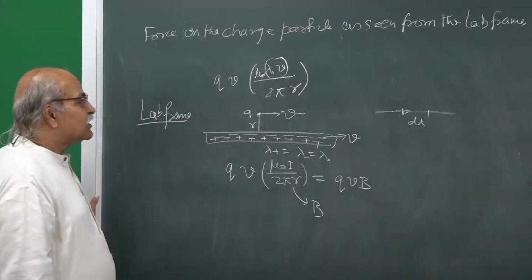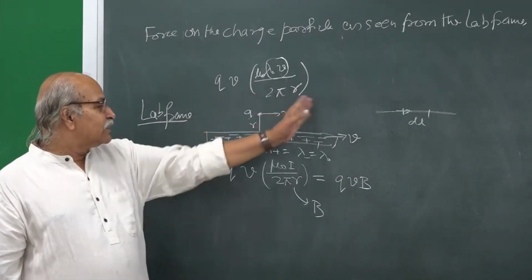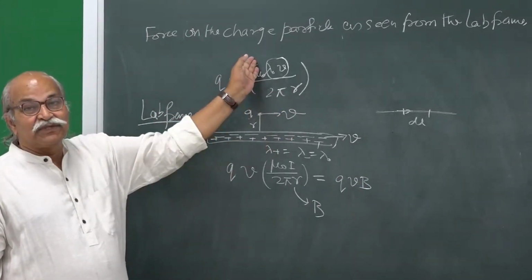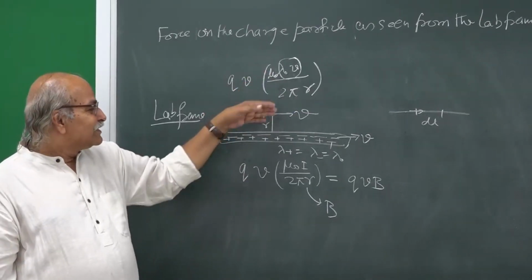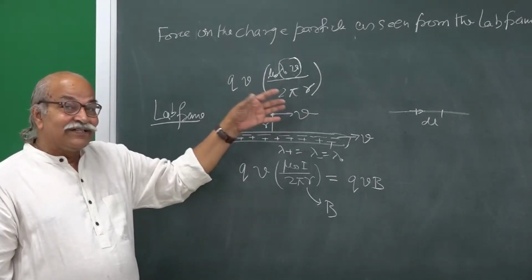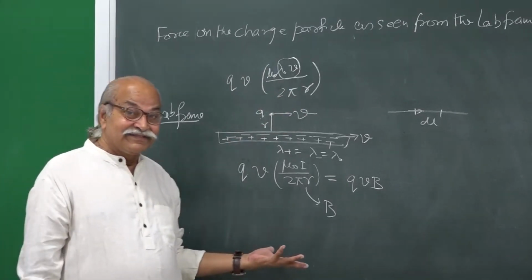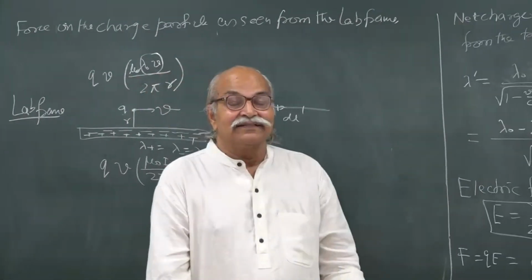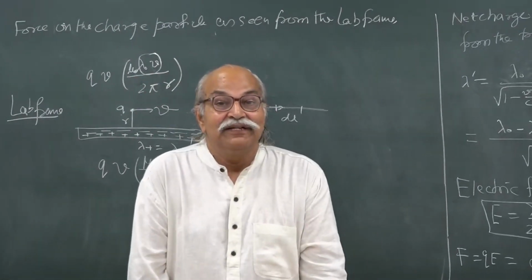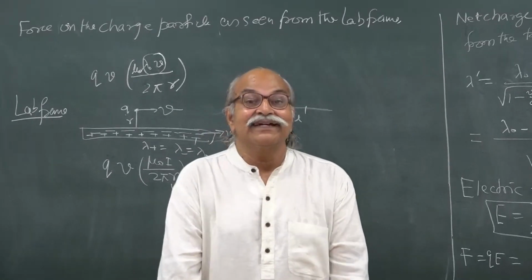And what is the direction? The velocity is in this direction, force is in this direction, because the separation is increasing. So, you can see that it is a relativistic requirement that the magnetic field must exist if there is a current.